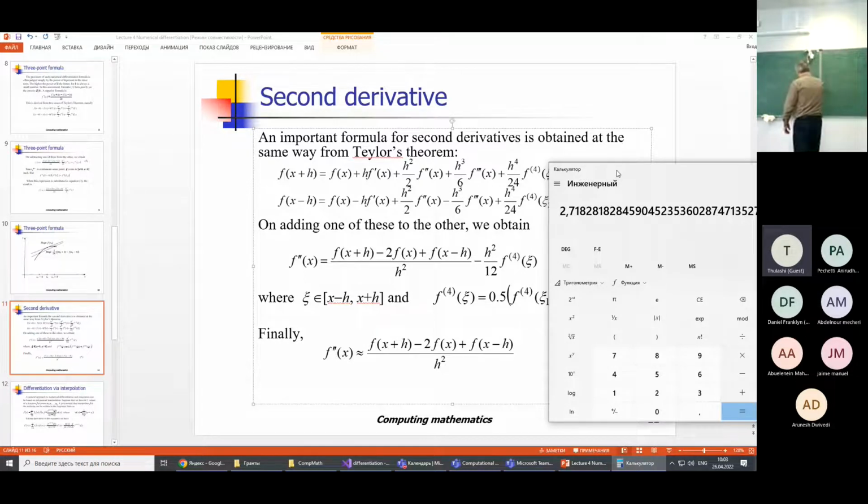So this value is close to the real one, but it differs from it. In this case, the formula gives us the exact value. Why?